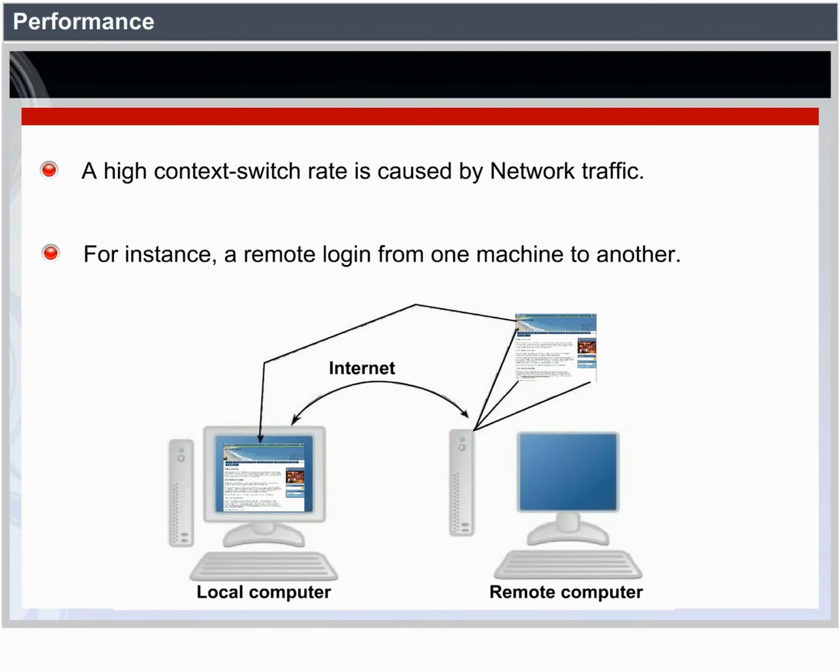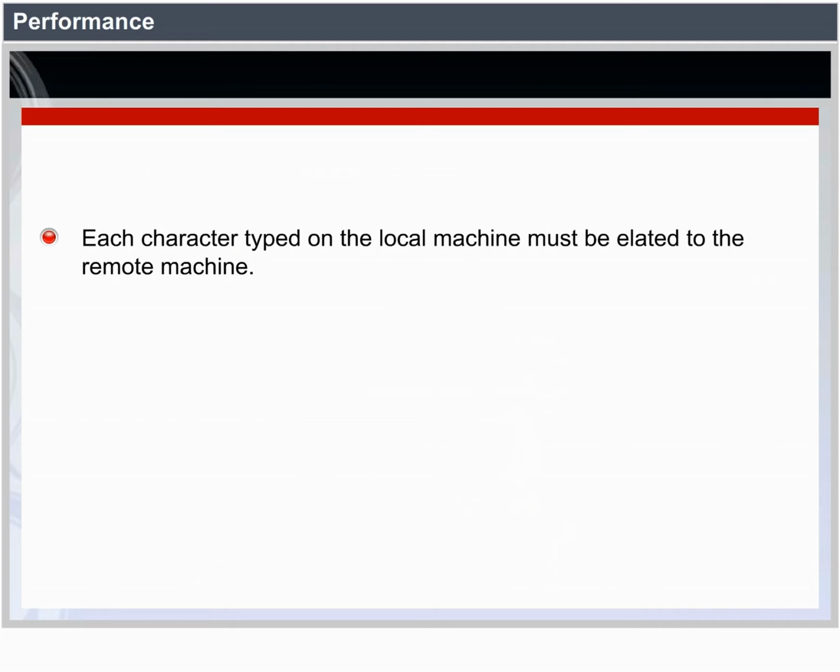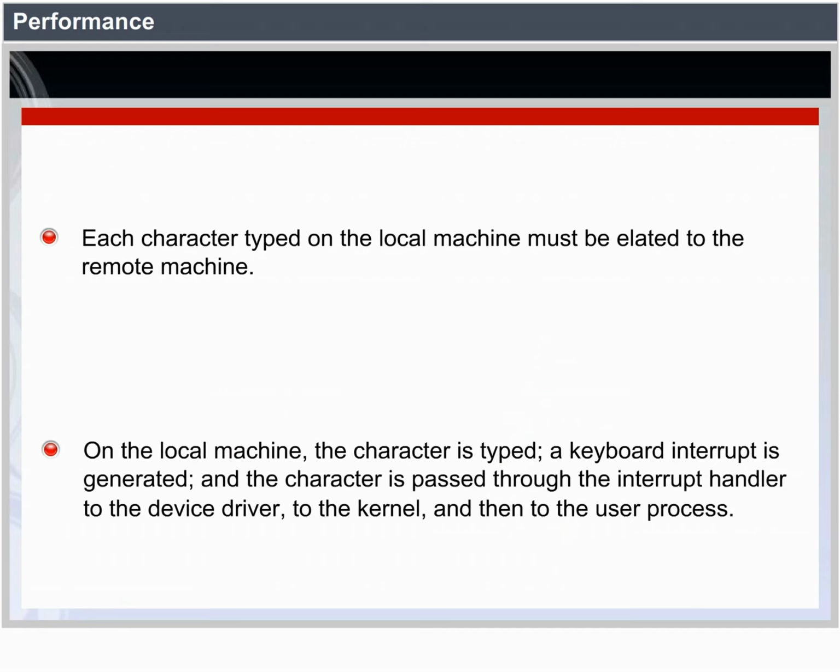On the local machine, the character is typed. A keyboard interrupt is generated, and the character is passed through the interrupt handler to the device driver, to the kernel, and then to the user process. The user process issues a network input-output system call to send the character to the remote machine.